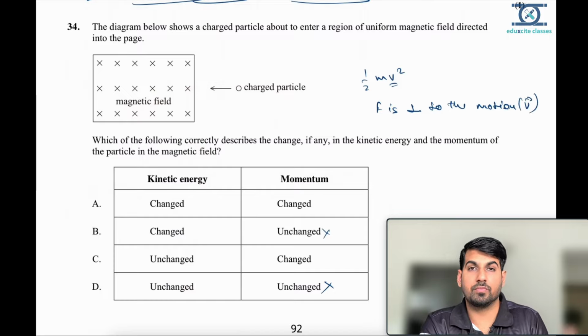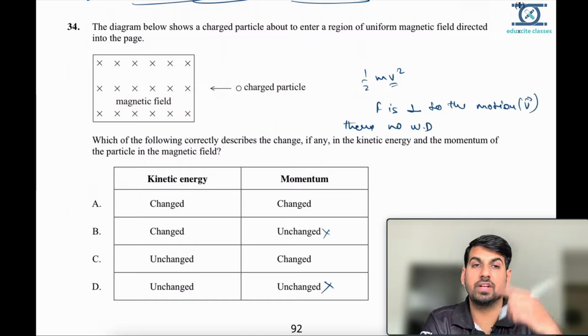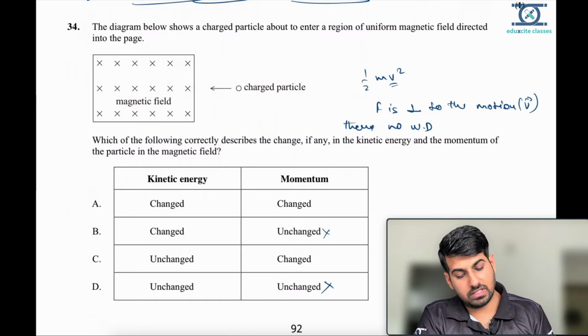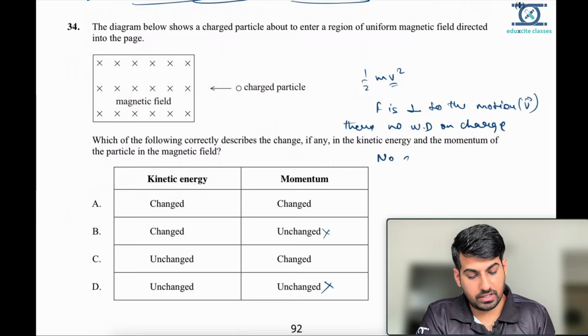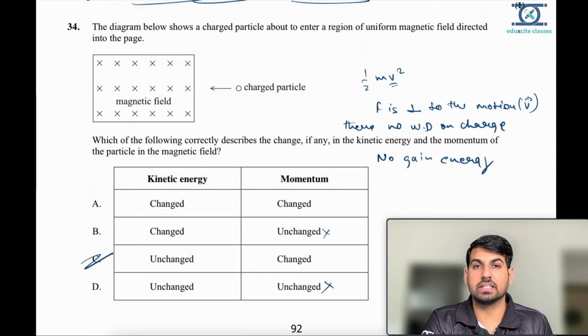If the force is perpendicular, there is no work done, because F d cos 90 is 0. So no work is done on the charge. If no work is done, there is no gain of energy, so there will be no change in kinetic energy. So option C is the right answer.